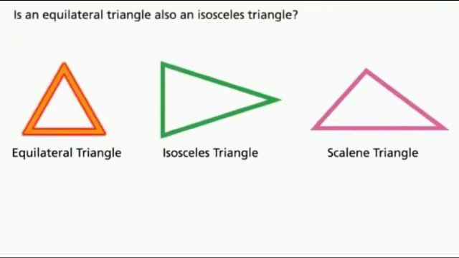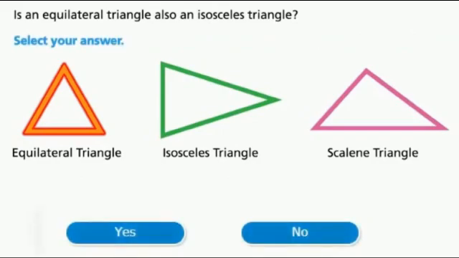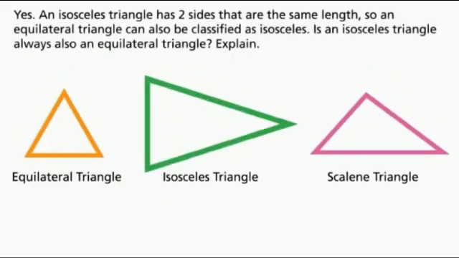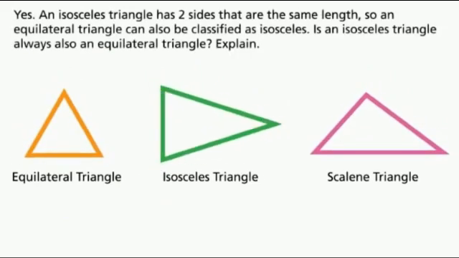Is an equilateral triangle also an isosceles triangle? Select your answer. Yes. An isosceles triangle has 2 sides that are the same length. So an equilateral triangle can also be classified as isosceles.